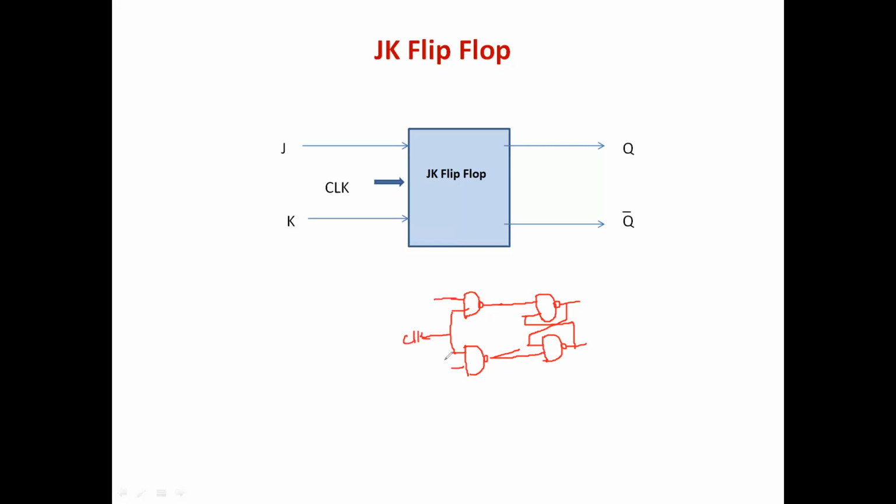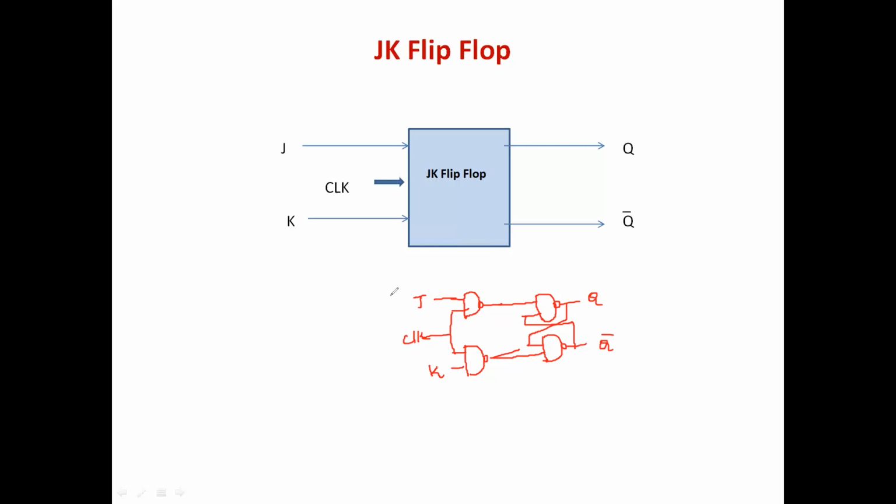This was S and this was R. Instead of that, I will write this as J and this as K. Here the outputs are Q and Q bar. This is similar to your SR flip-flop.